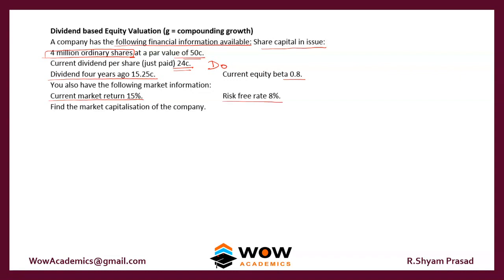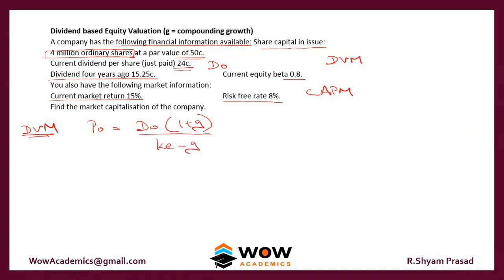When you look at this, you will find that they have given you the CAPM elements and they have also given you the dividend valuation elements. Why have they done both? We'll look at it now. If you are going to use the DVM method, the value of a company is expressed like this: D0(1 plus G) divided by KE minus G. So let's look at what numbers we have.